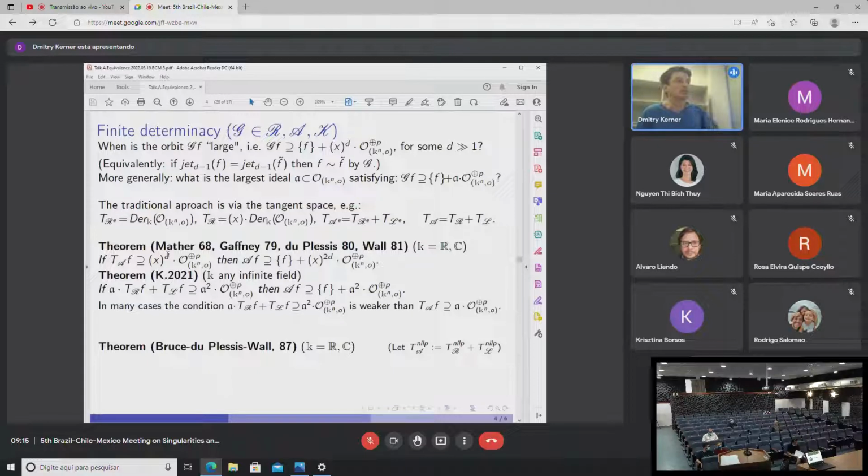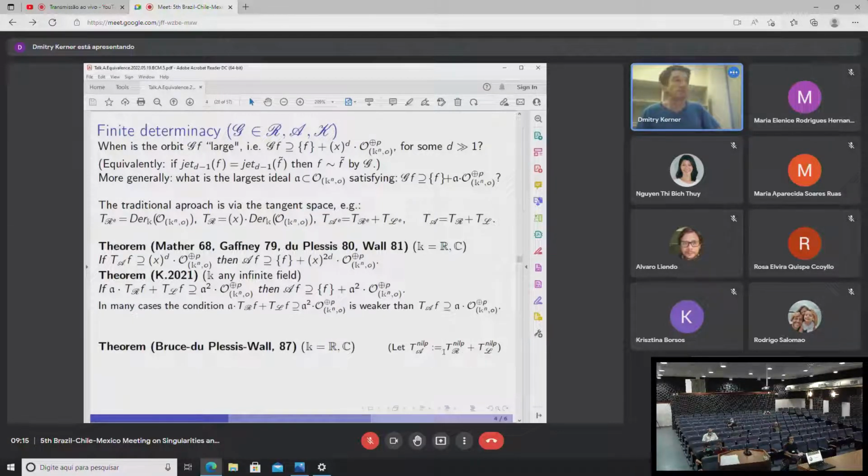So instead of the extended tangent space, or just the tangent space, one could consider the nilpotent tangent space. These are all the derivations that vanish at the origin, not just to the first order, but at least to the second order.